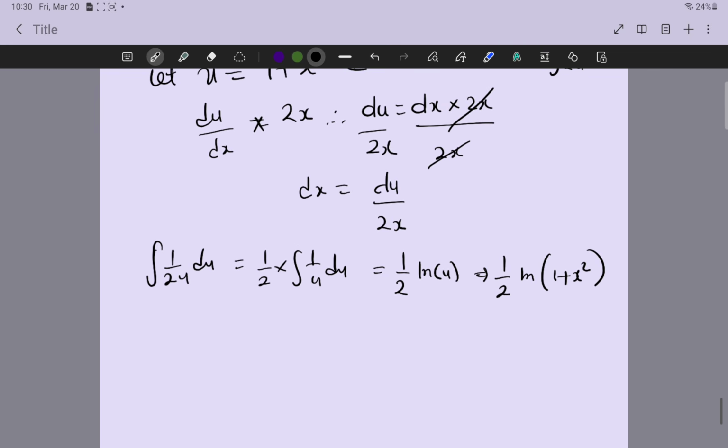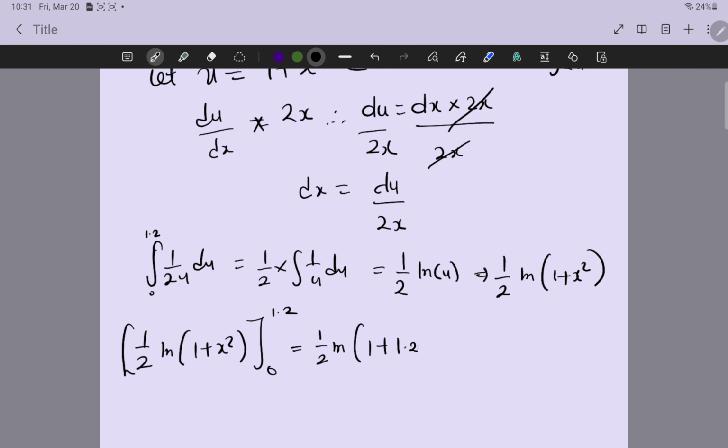And don't forget we are evaluating from 0 to 1.2, from the integration that you had. Don't forget that. So this will later become 1 over 2 ln 1 plus 1.2 squared.